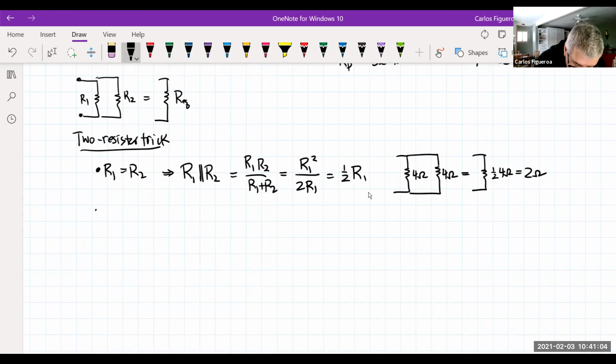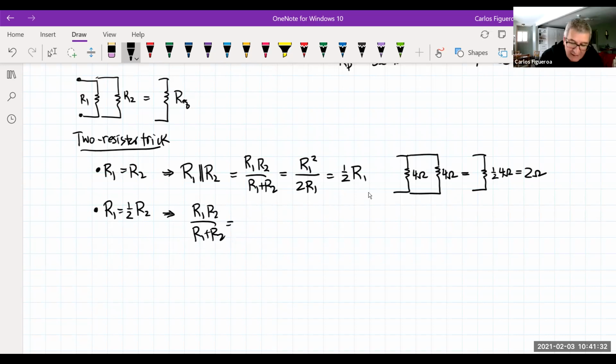Check this out. What happens if R1 is half of R2? What does the equivalent resistance look like now? Check this out. According to the equivalent resistance of these two resistors, it's going to look like R1 times R2 over R1 plus R2.